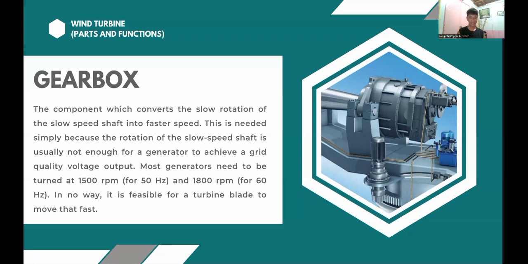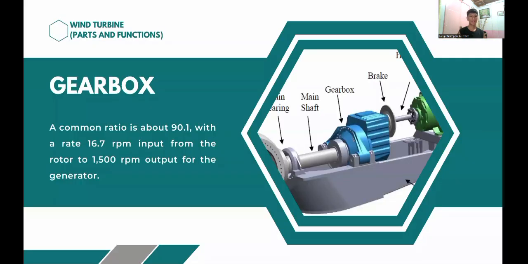So, pag 15 RPM ang need daw nito ay 50 Hz, ang 18 naman 60 Hz. Ito pa yung function ng gearbox. So, a common ratio is about 90:1 with a rate 16.7 RPM input from the rotor to 15 RPM output for the generator.